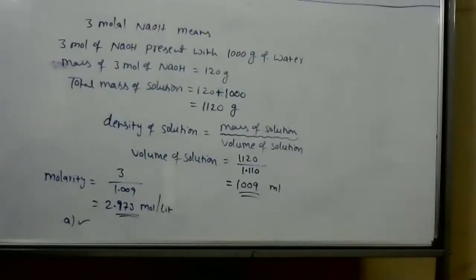The density of the methanol is 0.793 kg per liter.